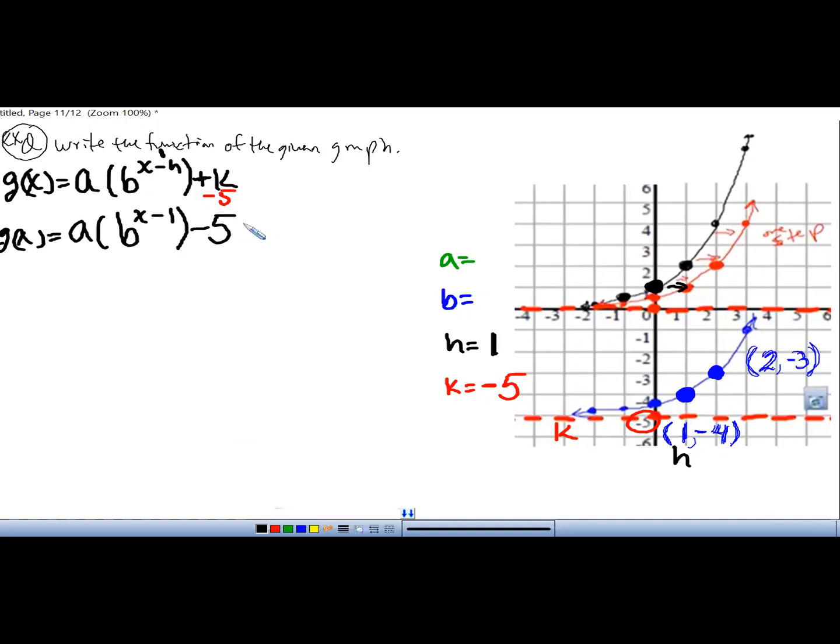So look up. For parameter a, I'm going to use green. I'm going to use the second part of this vertex of our new transform function. So we said that one was h, but the other one, I'm going to use the value of -4 to find my a. So box it like this, and next to this, I'm going to write a plus k.